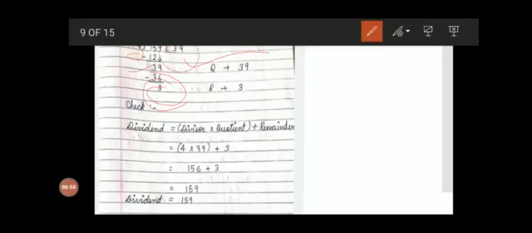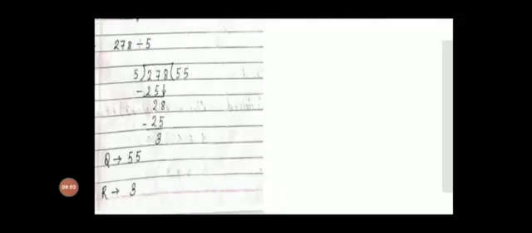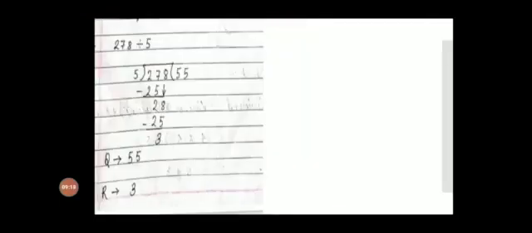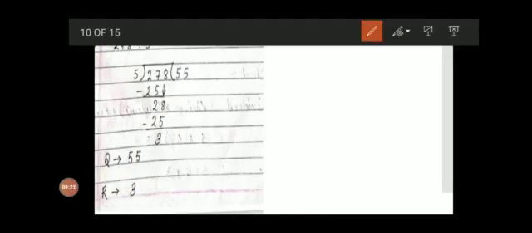Now move to the next question. 278 divided by 5. So we have to divide 278 by 5. Again we will divide this number. 5 into 5, 25. Now 27 minus 25, we get 2.